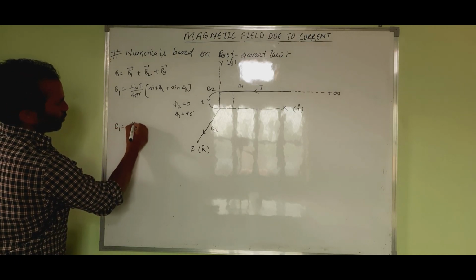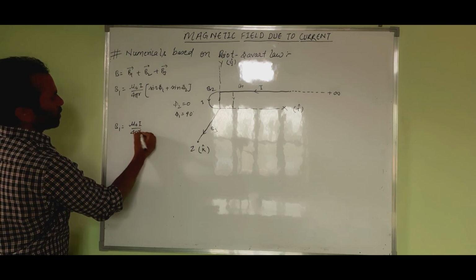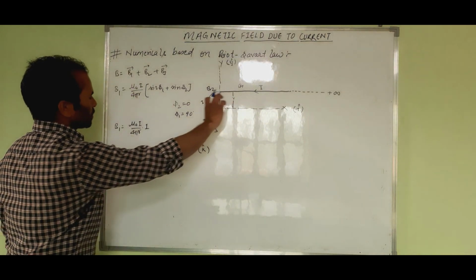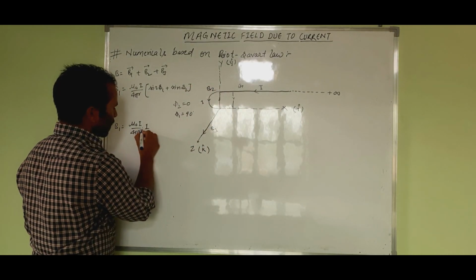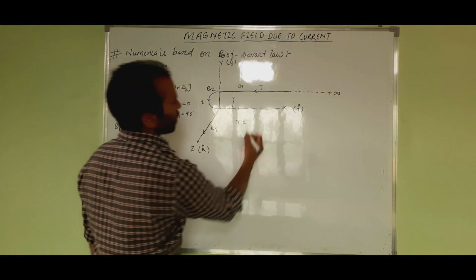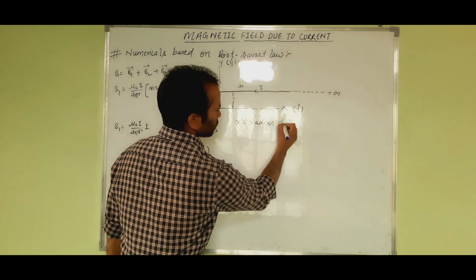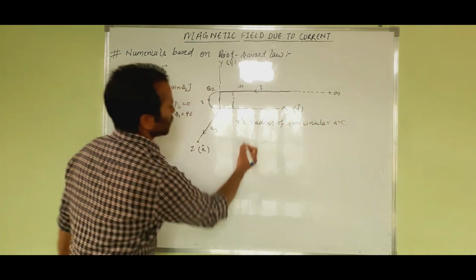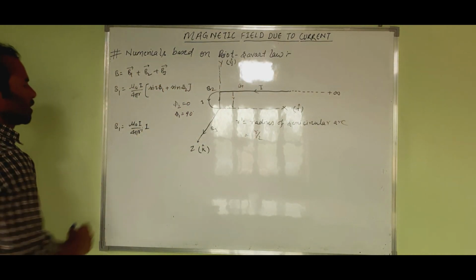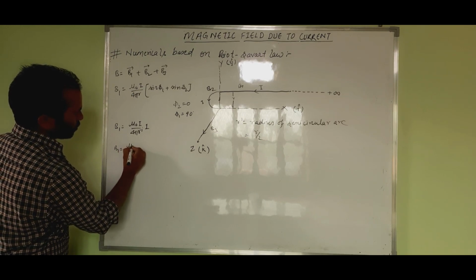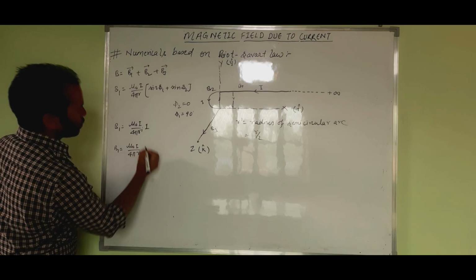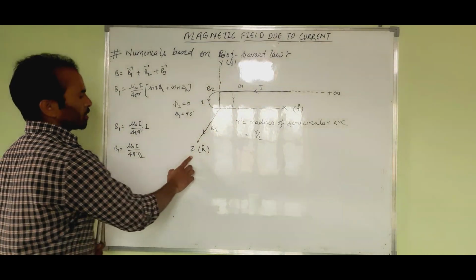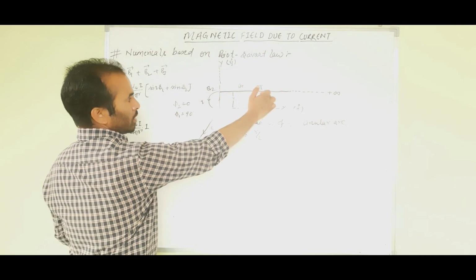Therefore B1 will be mu naught I upon 4 pi r into 1, because sin phi 1 will be sin 90, which is 1. Here r I will take as r dash, because r dash is the radius of this semicircular arc, which is r by 2, because r is the diameter. Now B1 will be mu naught I upon 4 pi r by 2, and the direction of the magnetic field due to this conductor will be upward, toward the positive z direction, because of the direction of current.